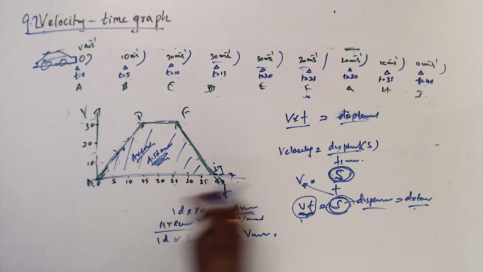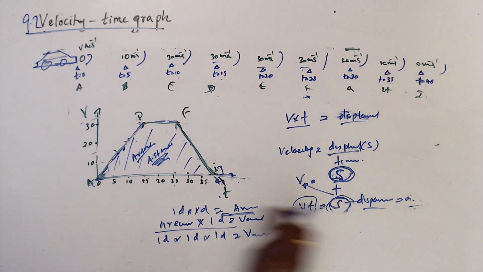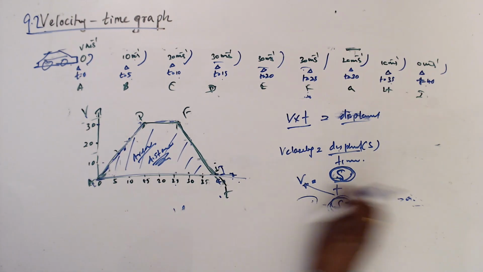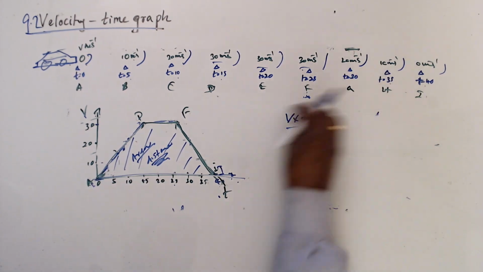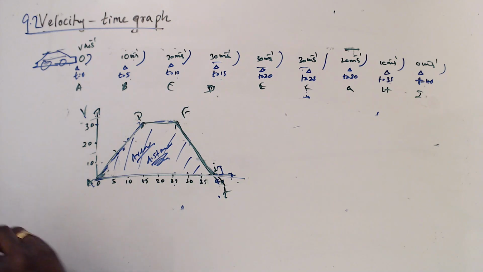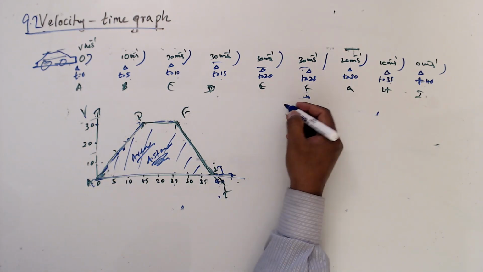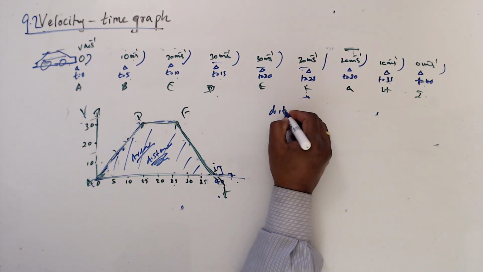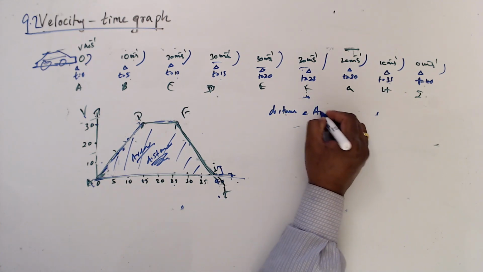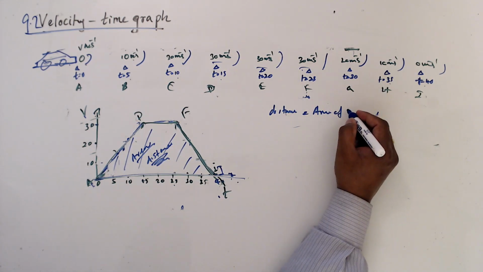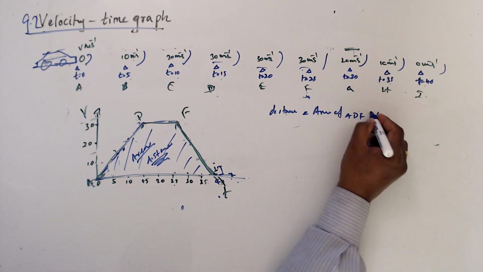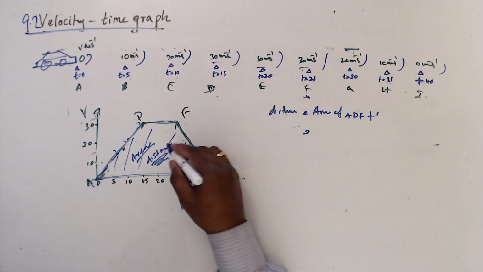So what is the distance for this journey? Distance is the area of ADFT. This is a trapezium.